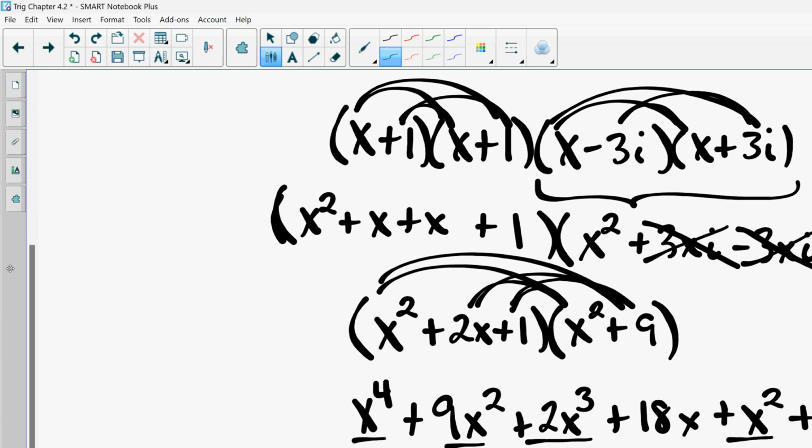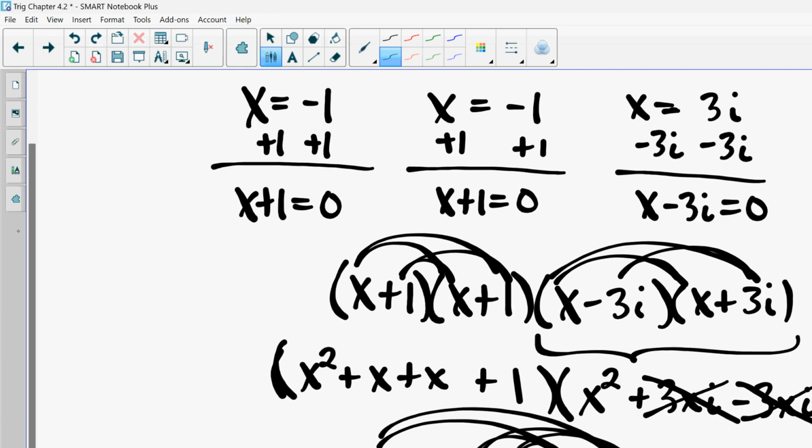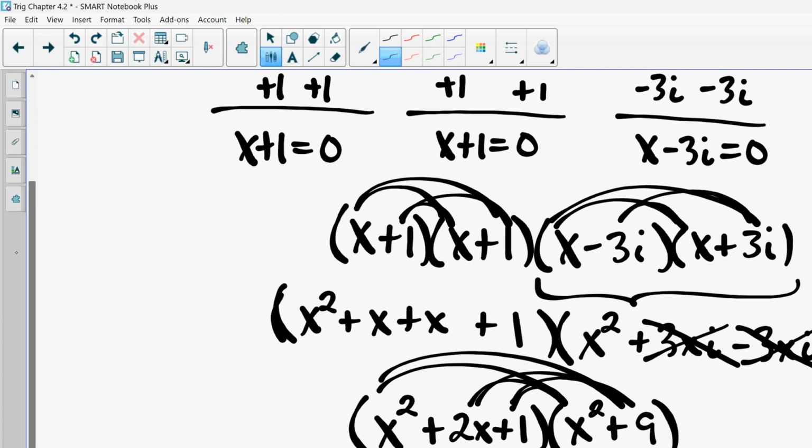Because I could generate any other ones from this, because I could multiply the whole thing by 2, whole thing by 3, whole thing by 4, and I would still have the same solutions, and it'd still be a true equation, but this is the one we want. We don't want to start messing with the value in front of x to the fourth. So we get this here. Questions on this here so far?